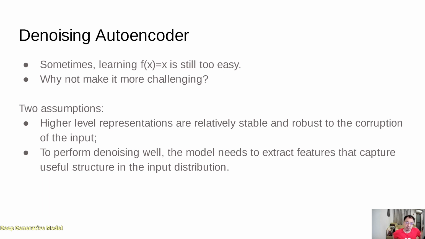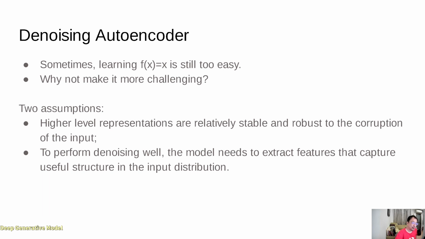But the basic idea is just to add some restriction without human or manual labeling. You have a lot of ways to add some restriction or make it more challenging, and all of these we can categorize into denoising autoencoder.